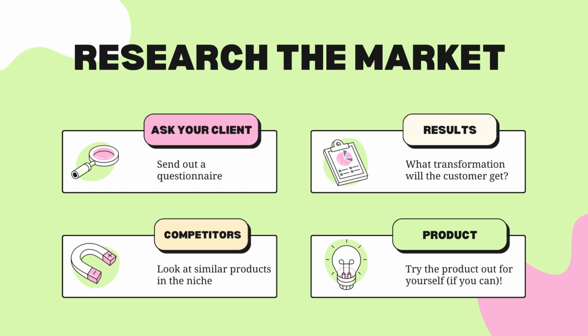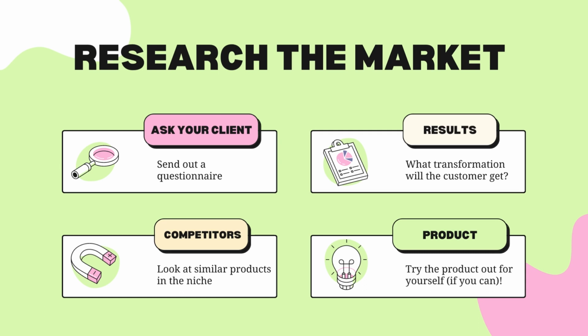Like, for instance, say you're working with maybe a life coach. These types of clients have a tendency to use somewhat vague language in terms of results. You want to get crystal clear on what the result is.